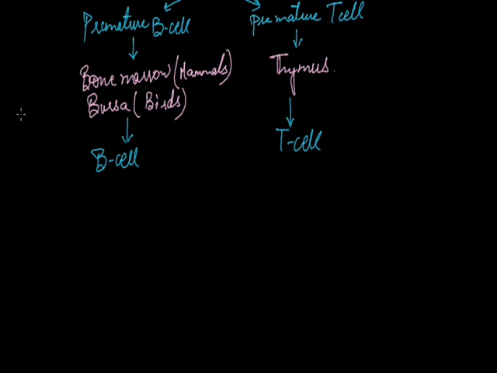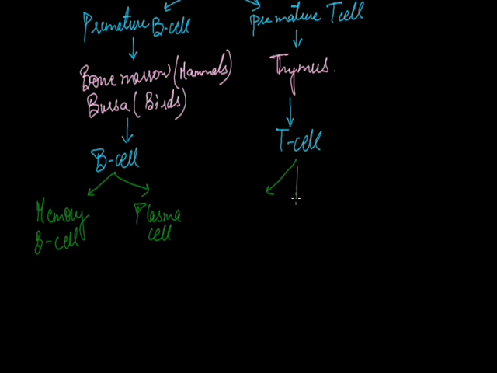Now this B cell will give rise to two types of cells: memory B cell, which will be stored as a memory for the second encounter, and the plasma cell, which will produce antibodies. Likewise, T cell will give rise to three cells: cytotoxic T cell, helper T cell, and memory T cell.